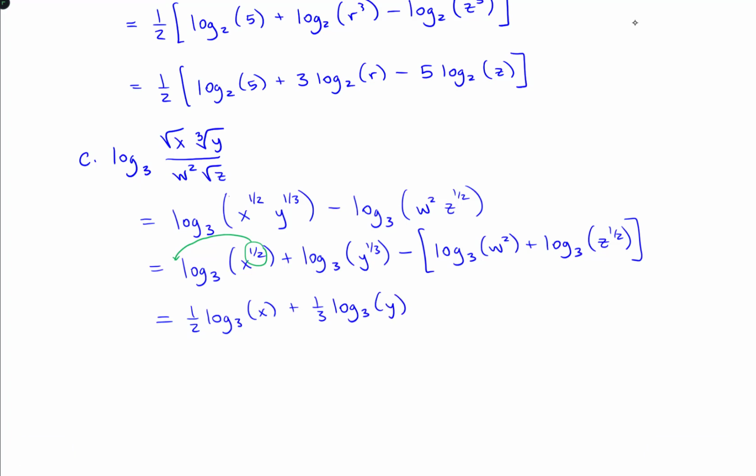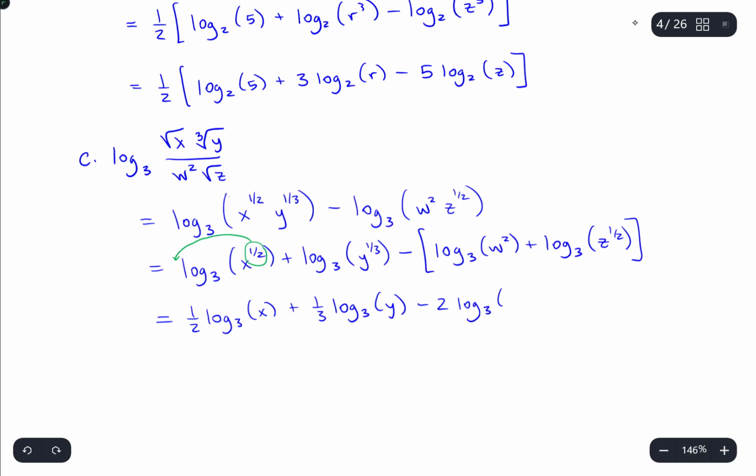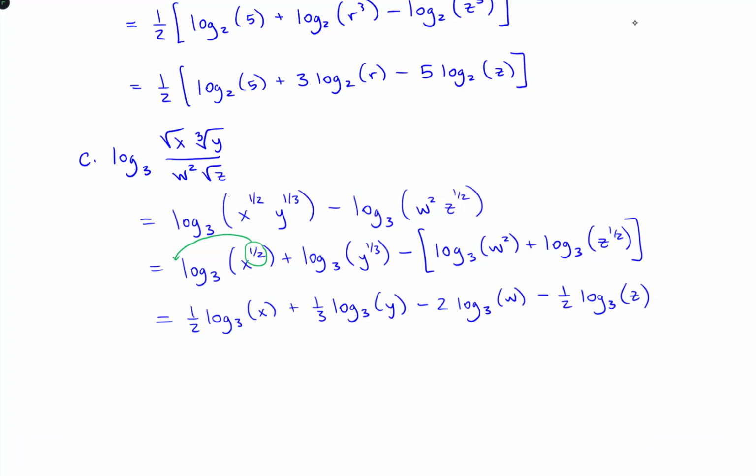I'm going to let this negative distribute as well. So it's going to be minus 2, so the 2 comes down, log base 3 of w minus, because the negative is distributing, 1/2 log base 3 of z. And that's as much as we could expand that out.